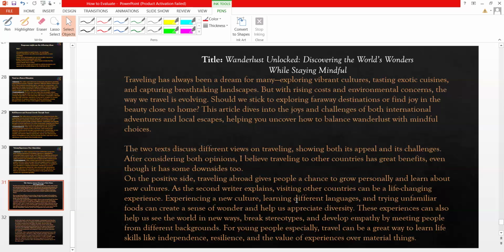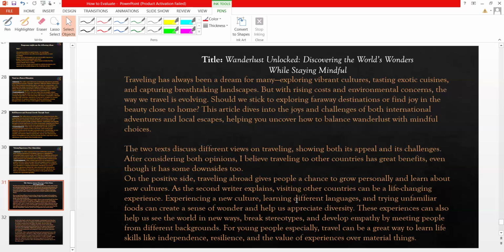Now, see, you must be very clear what you are writing, where you are going. What do you want yourself? What are you supposed to do? Which part do you agree on? This article dives into the joys and challenges of both international adventures and local escapes, helping you uncover how to balance wanderlust with mindful choices.